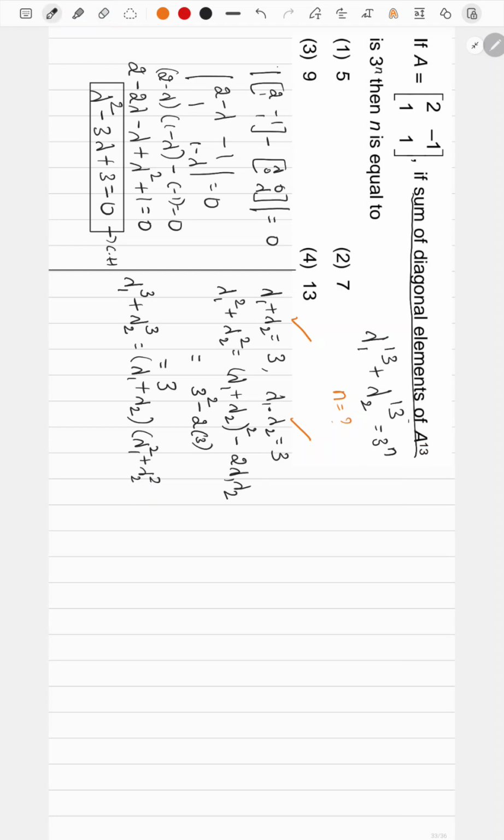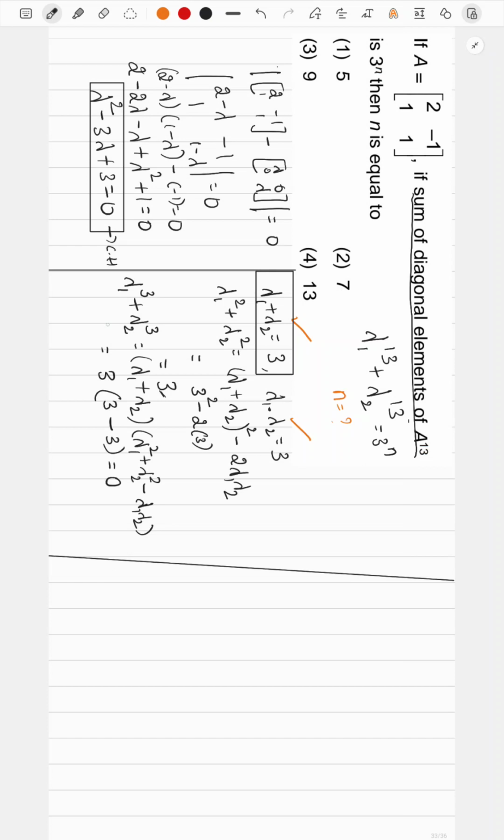Now this is equal to lambda 1 plus lambda 2, the sum of the roots, which is 3. So 3 into (lambda 1 square plus lambda 2 square, which is 3, minus lambda 1 into lambda 2, which is also 3). The total value is 0.